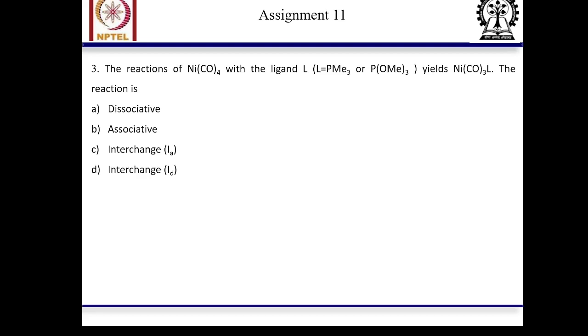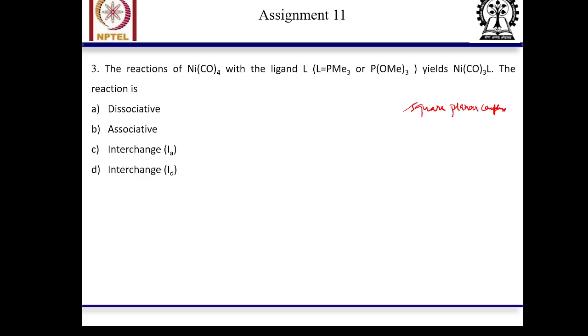If you have seen, they are basically square planar complexes.